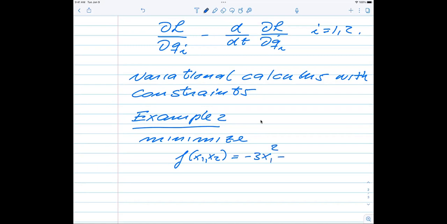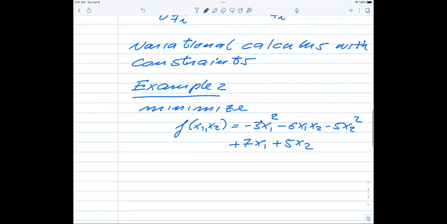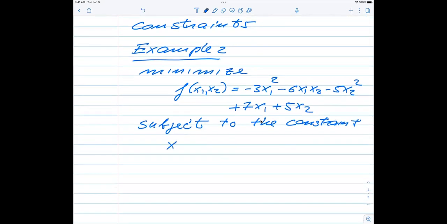Minus 3 x1 squared, minus 6 x1 x2, minus 5 x2 squared, and then plus 7 x1 plus 5 x2. So we want to minimize that one, subject to the following constraint. And the constraint is that x1 plus x2 is equal to 5.